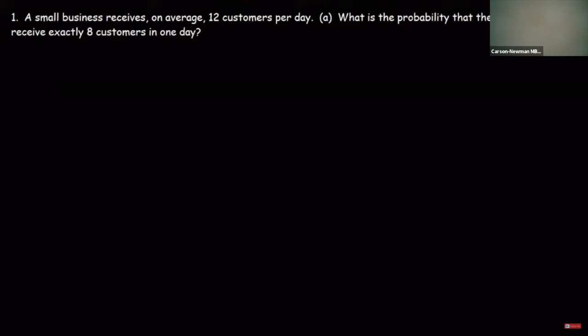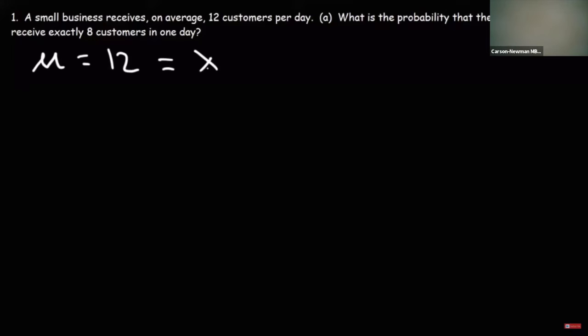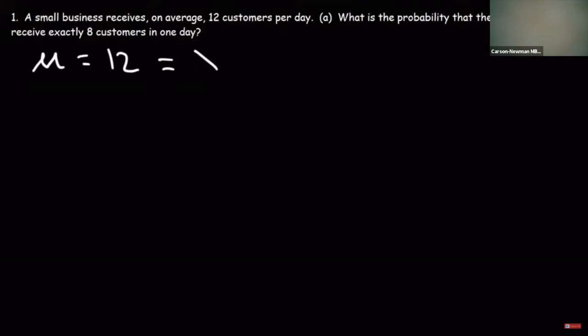So the first thing you want to keep in mind is that the time interval is the same. It doesn't change. So thus the mean is 12 customers per day, or the average. Now some textbooks will use lambda for the mean. I'm going to use this symbol here.